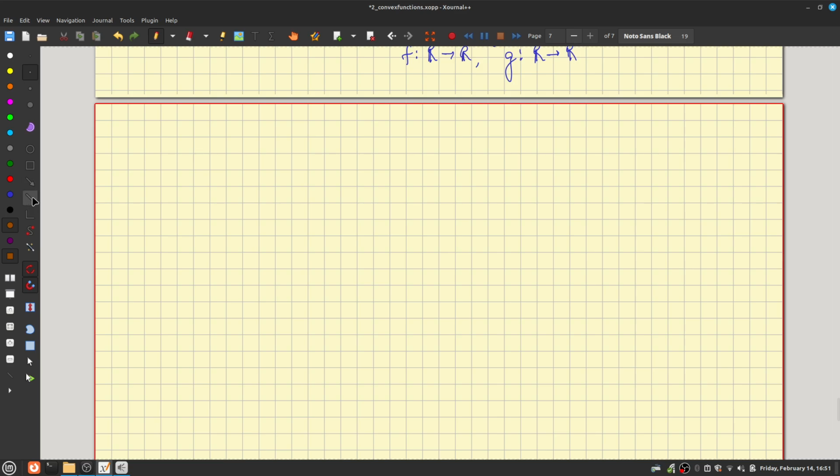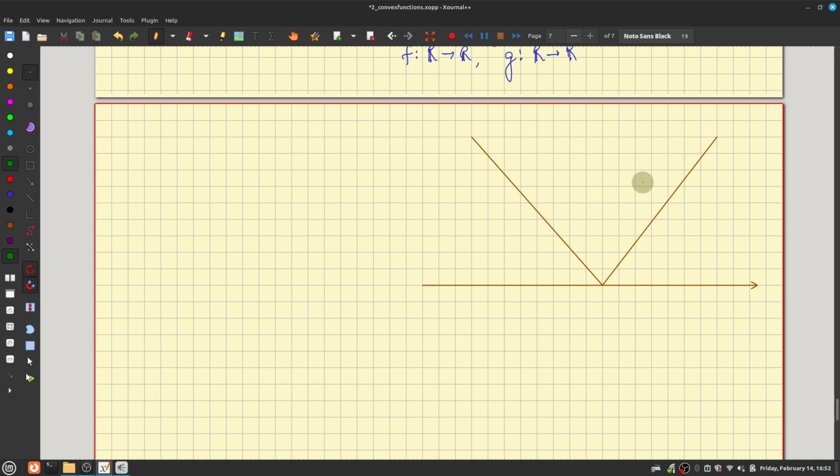So let's take the example that we saw earlier, which is f of x equal to mod x. At any point which is not x equal to 0, the tangent exists, right?